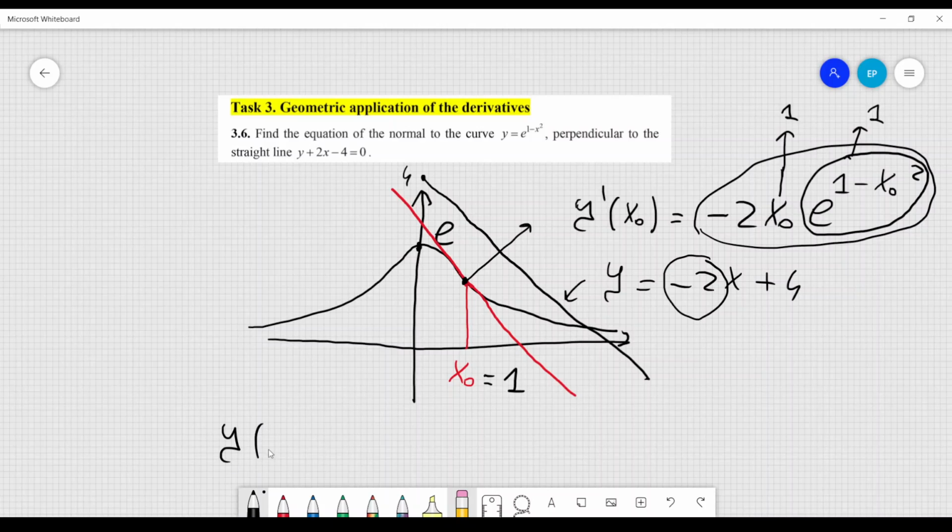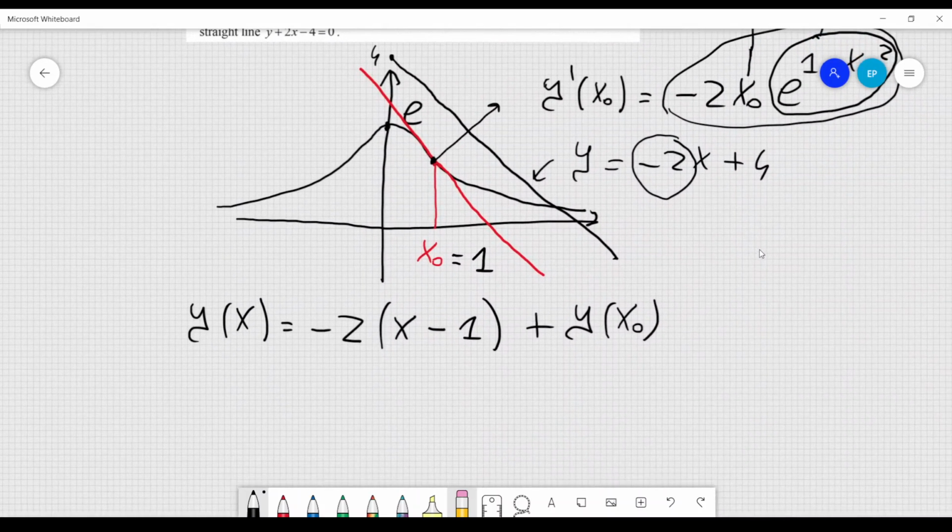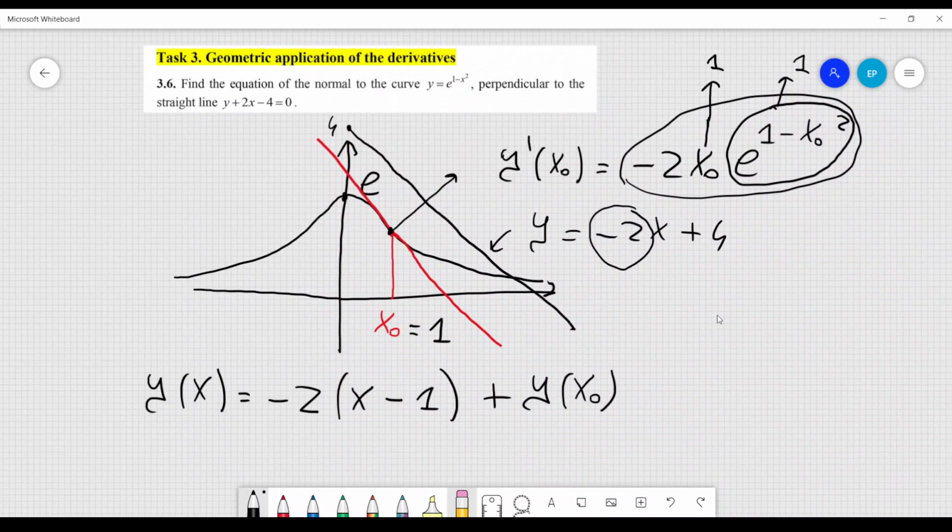And the equation of the tangent is y of x equal to y prime of x0, which is minus 2, times x minus x0. So x0 is equal to 1, so it's x minus 1, plus y of x0. What is y of x0? Well, you can see that from here, y of x0 is simply 1.